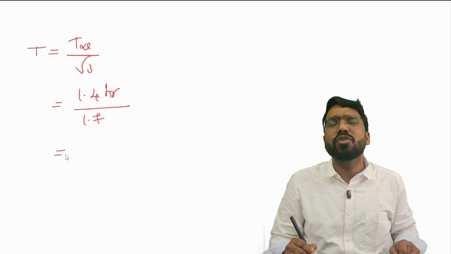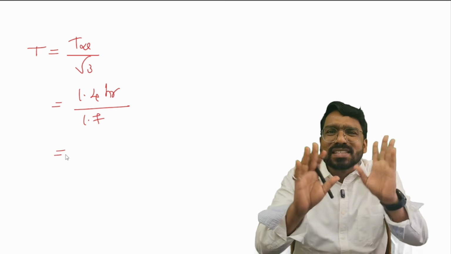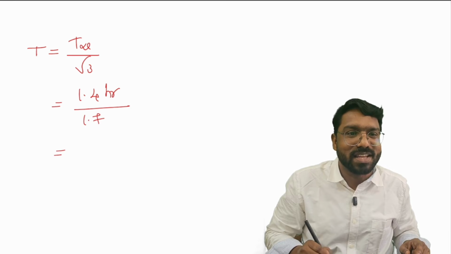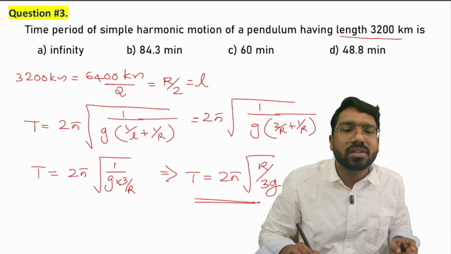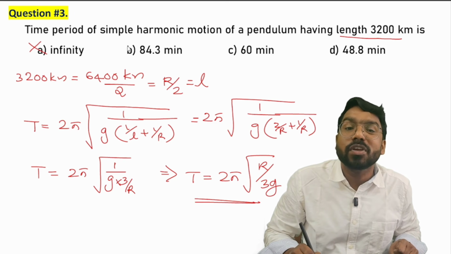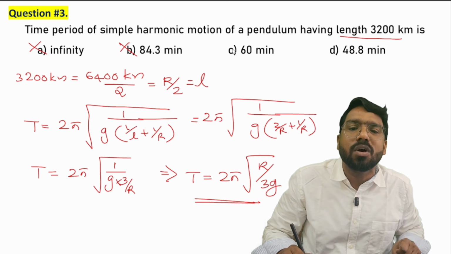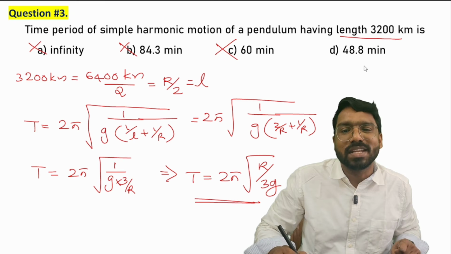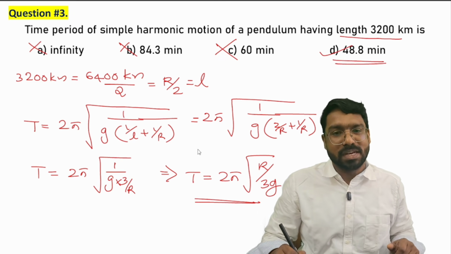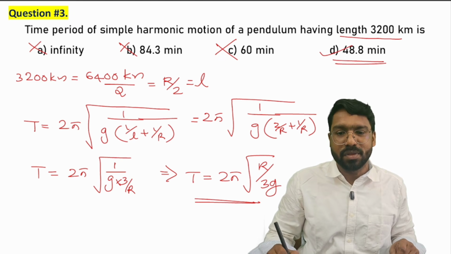So 1.4 by 1.7 is less than 1, right? Less than 1 hour. Look at the options. Option A, infinity is wrong. Option B, 84.3 minutes is wrong. Option C, 60 minutes is wrong. So which option is right? Less than 1 hour, 48.8 minutes. Or you can calculate it also.